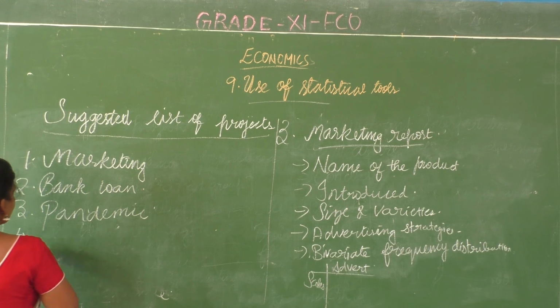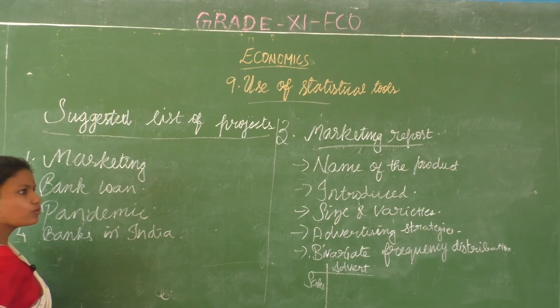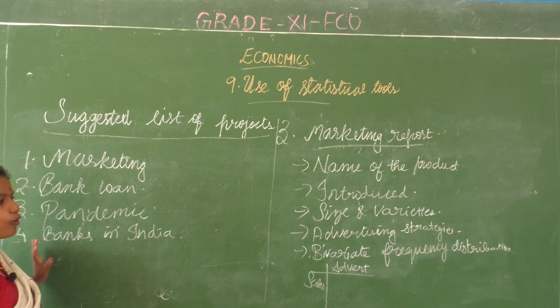Then you can talk about banks in India. What are the different banks, private banks, public banks, what are the interest rates each one gave, or at least taking 4 or 5 banks, a comparison between public sector banks and privatized banks, you can do that, banks in India. Then you can talk about a new product plan.